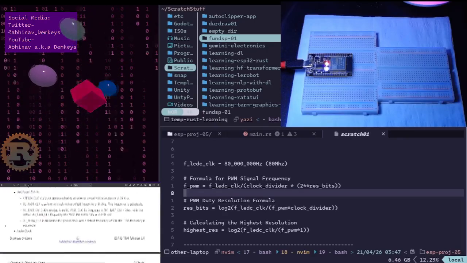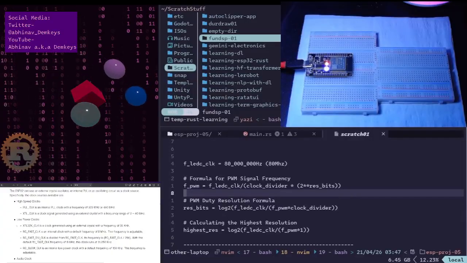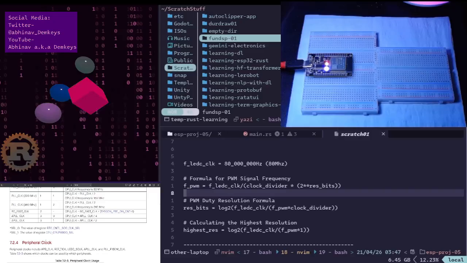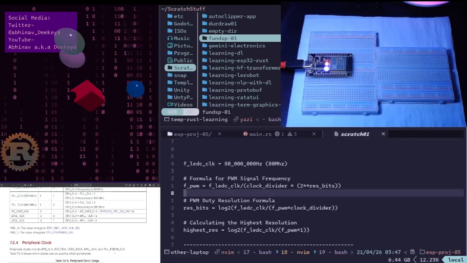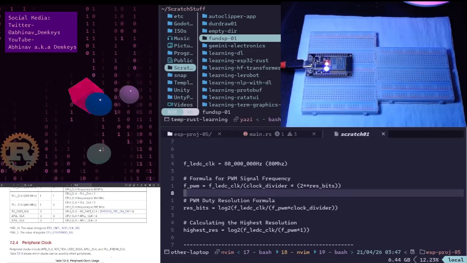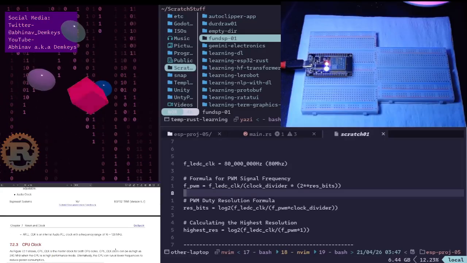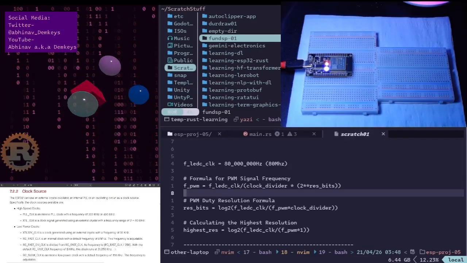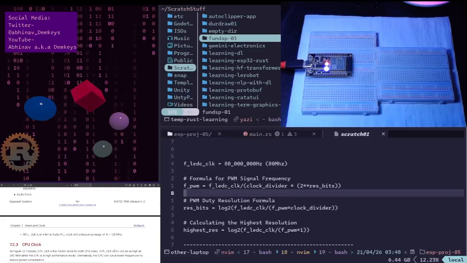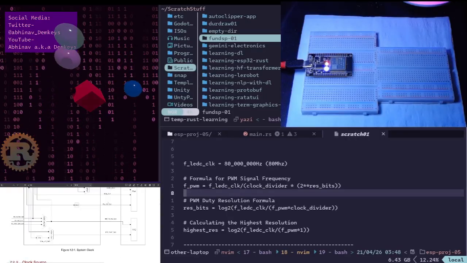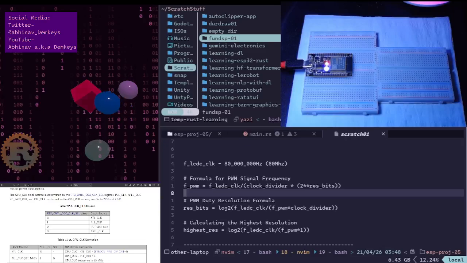Do they mention this anywhere? There's the peripheral clock. Oh, is this the D2 clock? I think this is the D2 clock. Hold on, I think this was mentioned somewhere. D2 is the one that's not being mentioned here, right?